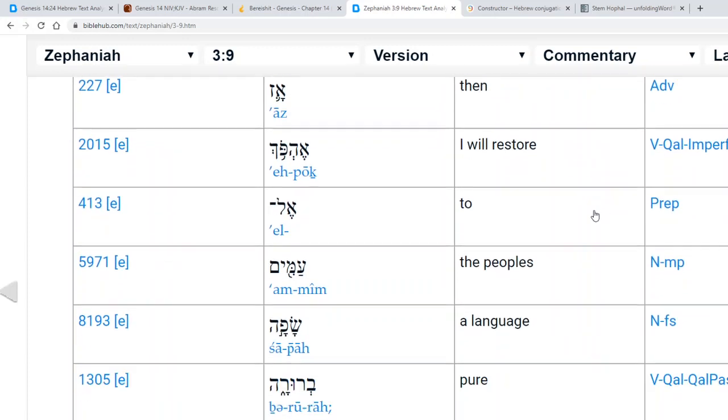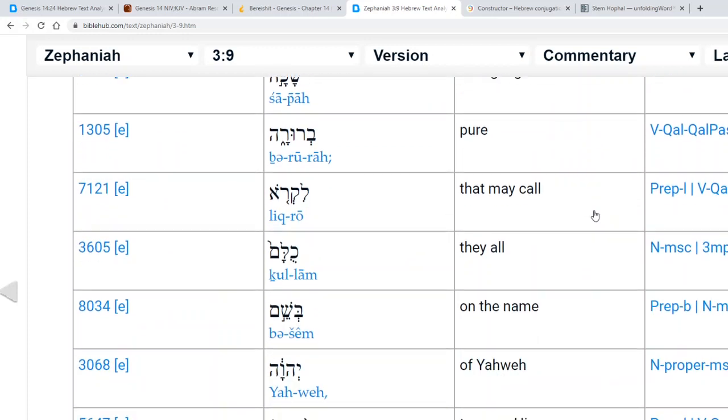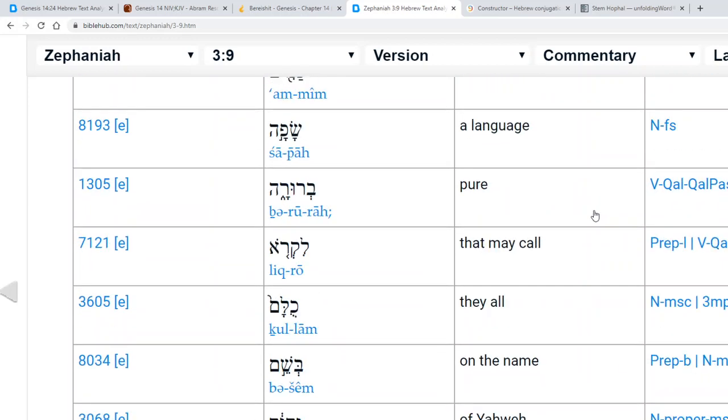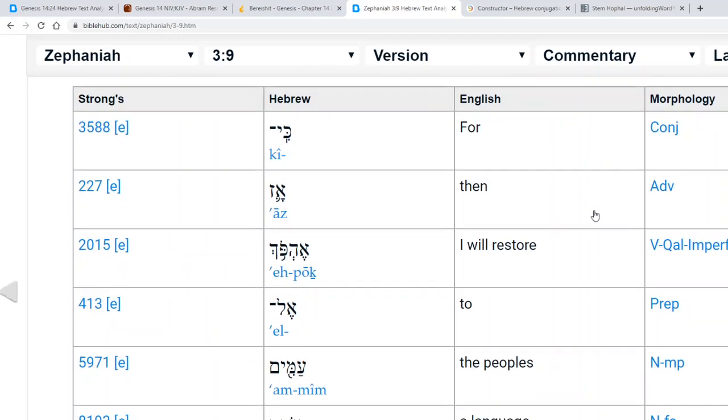Ki az epoch el amim safa berura likro kulam b'shem Hashem l'ovdo shechem echad.